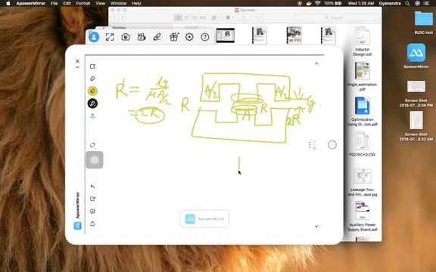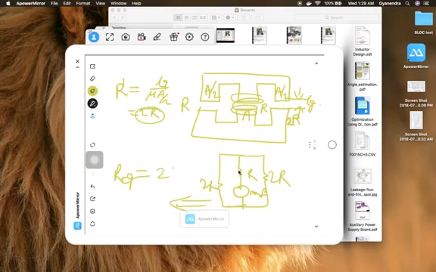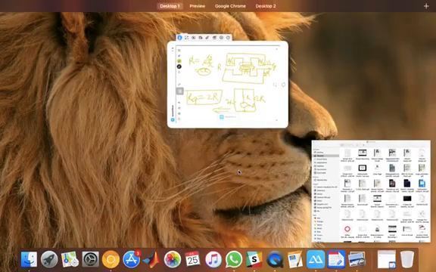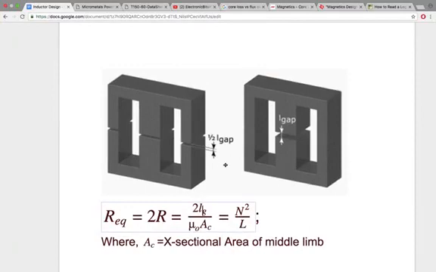If we write the electrical analogous circuit, we will get something like this: 2R, 2R, 2R, and this is your MMF. If you find the equivalent reluctance, you will see that it will come to 2R. These two are in parallel, so it will become R, and then in series they will become 2R. So that is what is being shown here.